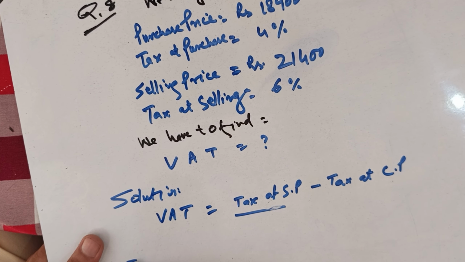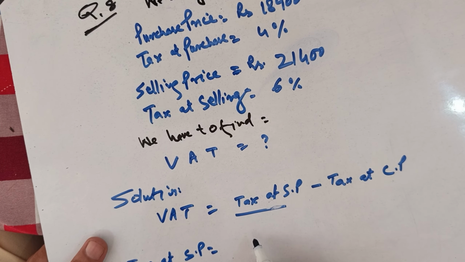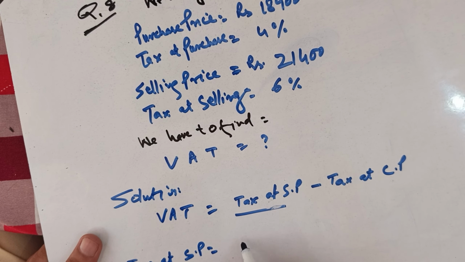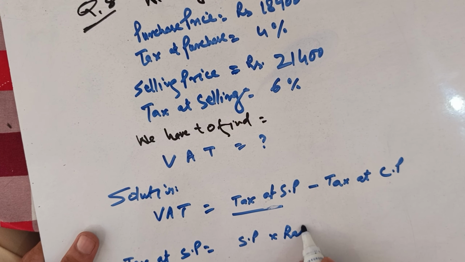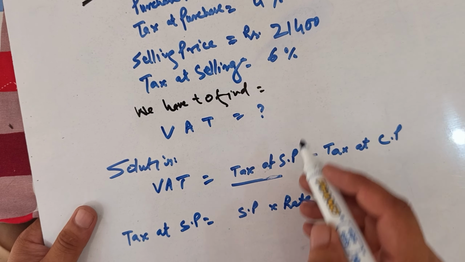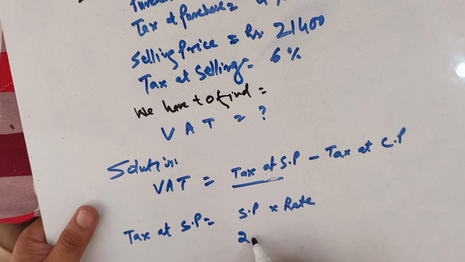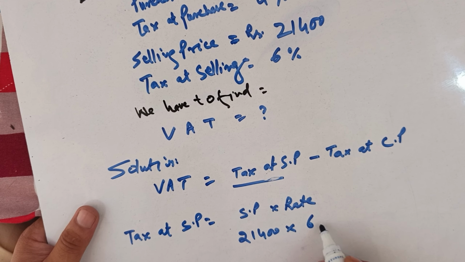So first we have to find the tax at selling price. Tax at SP is equal to selling price into rate, and the selling price, you know, was 21,400, and at this time the rate was 6%.